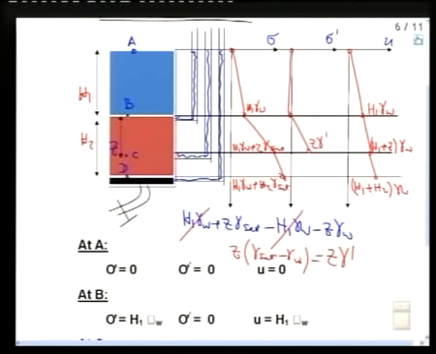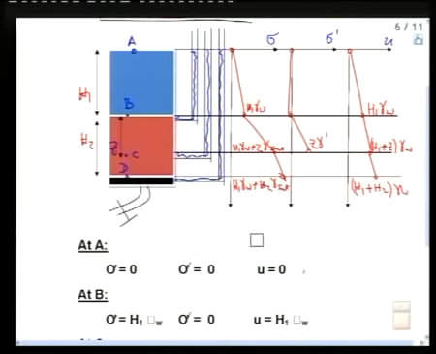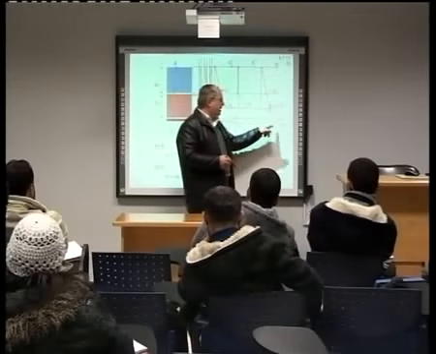Why? Because the only change is the height, right? Okay, now let us find by mathematics what the difference will be here. It will be H1 gamma water plus H2 gamma saturated minus H1 gamma water minus H2 gamma water.